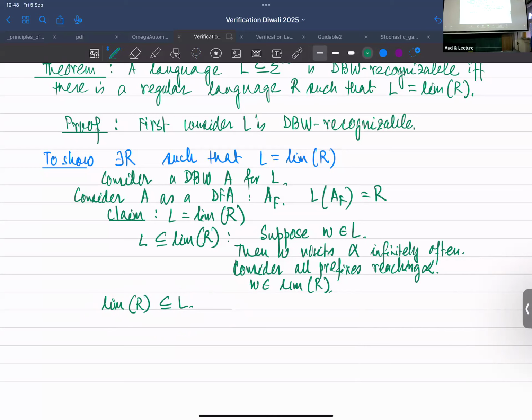So if it is in limit of R, there are infinitely many prefixes which are in R. But does it give you that the word will also see alpha infinitely many times? You have infinitely many prefixes which are visiting alpha, the good states.